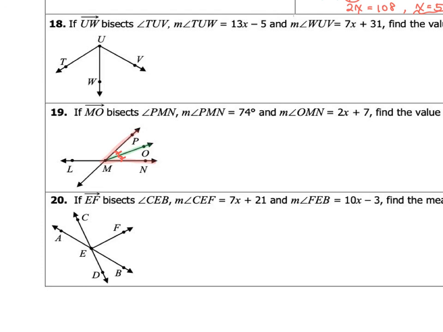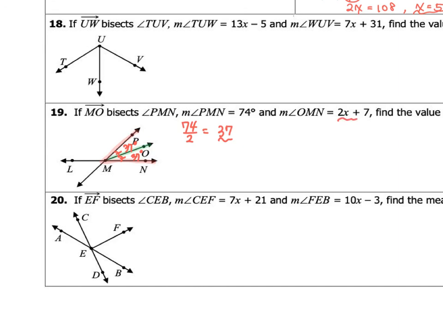So we already know angle PMN is 72. What is half of 74? What is half of 74? 37. So that means measure of angle OMN should equal 37.